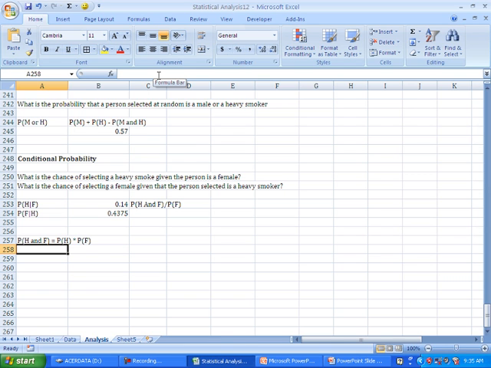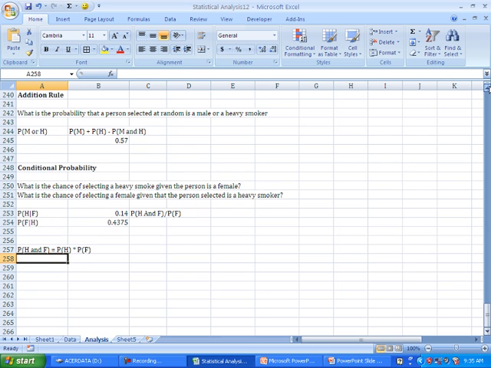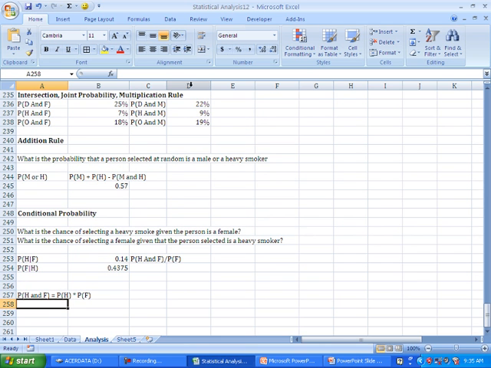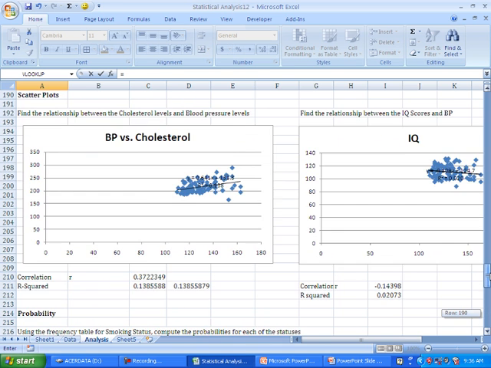events. So we have seen here what the probability of H and F is. The probability of H and F here is 7%. I'll try finding out the probability of H multiplied by the probability of F. What is the probability of H here? We have got the marginal probabilities above.